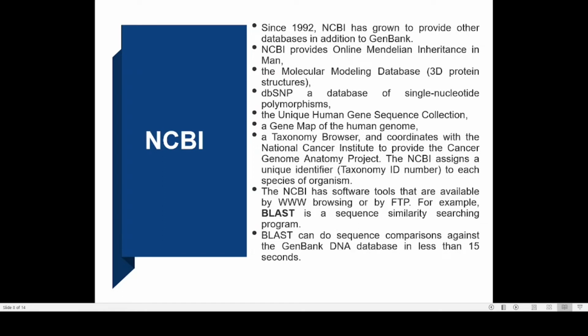Now we are going to type sickle cell anemia and see what information it brings. Sickle cell anemia is a Mendelian disease. So here you will get a lot of information about sickle cell anemia, including the research works published in that area.